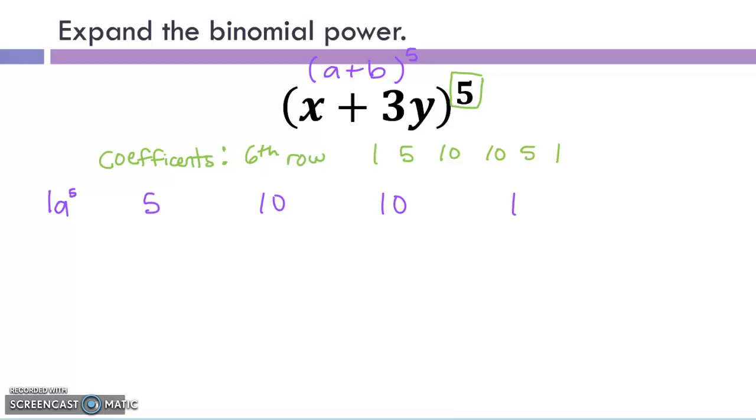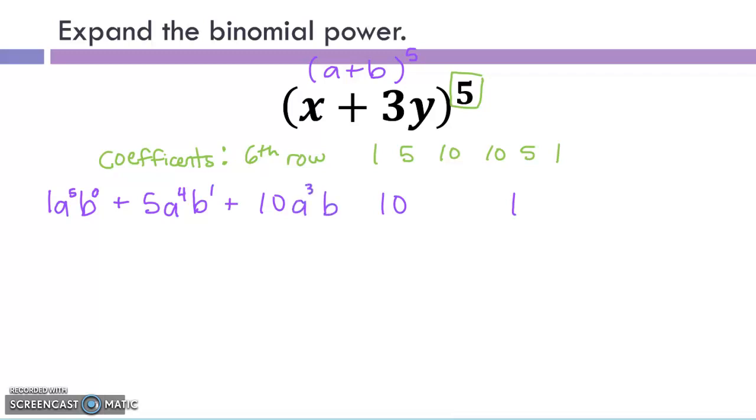So I start my first term raised to the power that I have, then I multiply by the second term raised to the power of 0. So what do my powers add to? They add to 5. And then I'm going to add a raised to the 4th power, so I reduce the power of a and I increase the power of b.